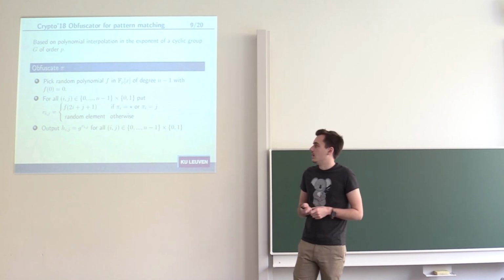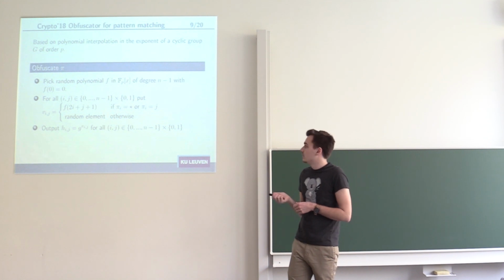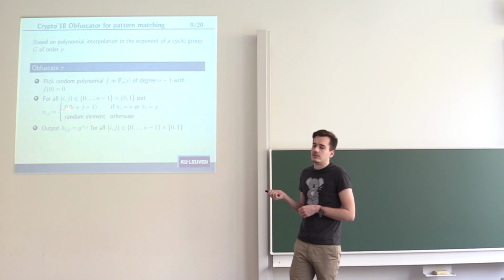And then for every i and j, where i runs from 0 to n-1 and j is 0, 1, you put V_ij equal to some evaluation of the polynomial if the pattern at position i is a wildcard, or if the pattern at position i is equal to j, and otherwise you just put some random element of F_p.